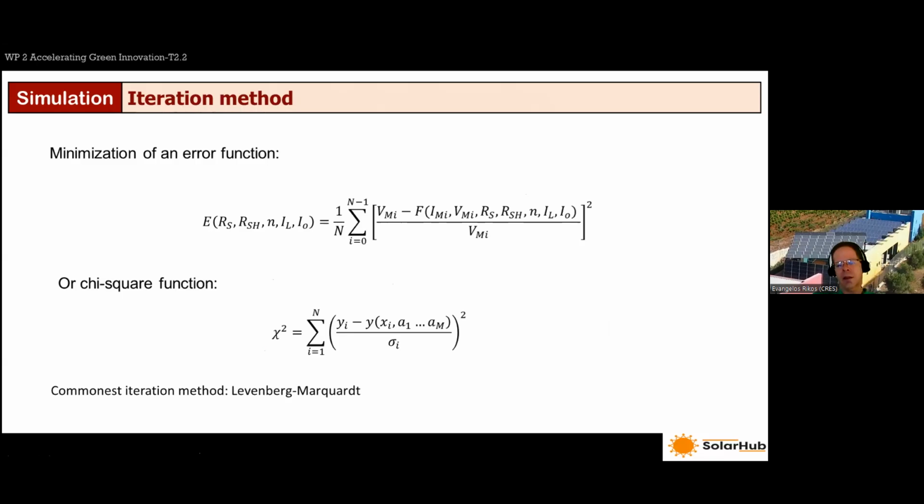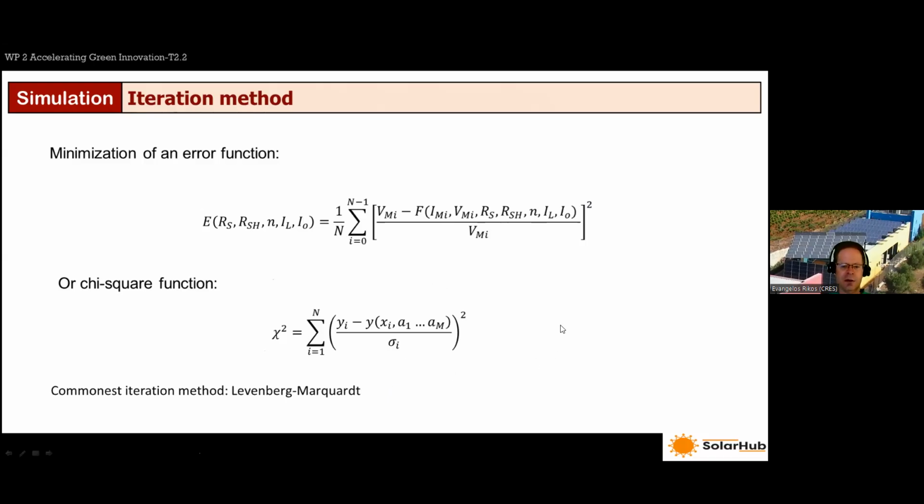An alternative way to that is to use this iteration method to minimize an error function. Let's say we can use an error function like this that calculates the square error, the sum of the square of the error at each point of measurement, or the chi-square function.